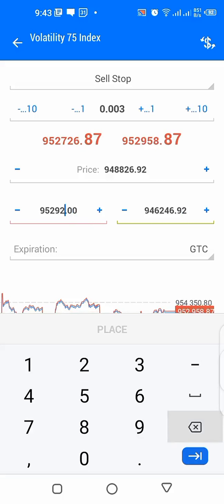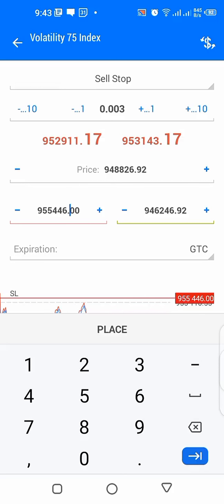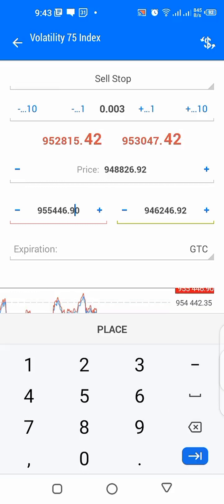Then I'll place take profit for the hedge trade to be 2,500 points. Then the stop loss to be between 8,000 and 9,000 points, so that it will also cover or protect my running buy trade. So the take profit of this sell stop will be 2,500 points, while the stop loss will be around 80 points above the take profit of my running buy trade.